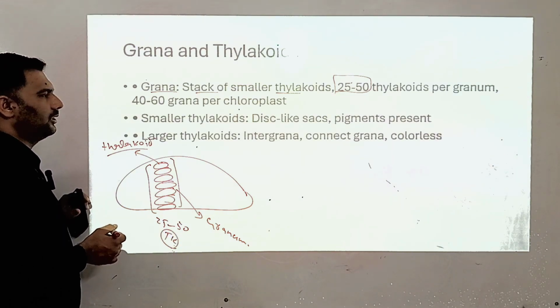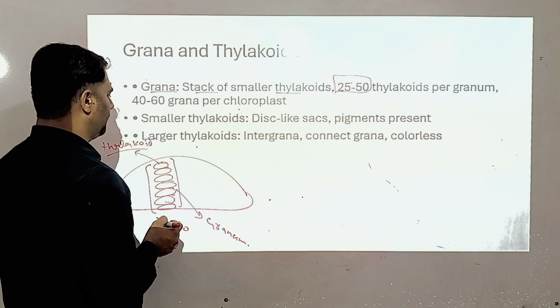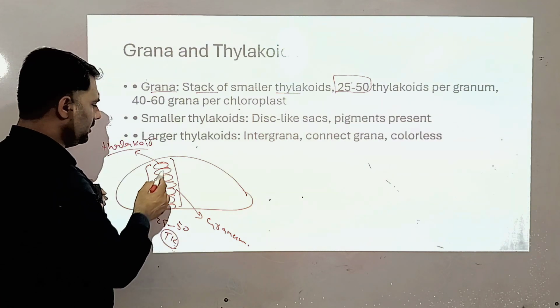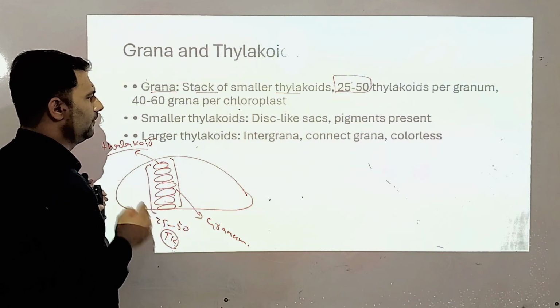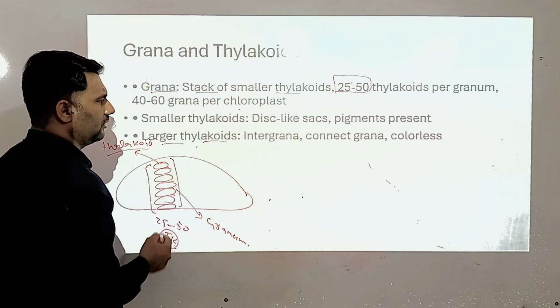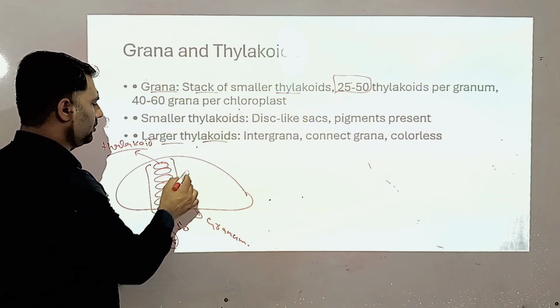In the smaller thylakoids, the disc-like sacs, the pigment is present. So thylakoids are disc-like sacs. And the larger thylakoids are the intergrana, connecting grana, which are colorless.